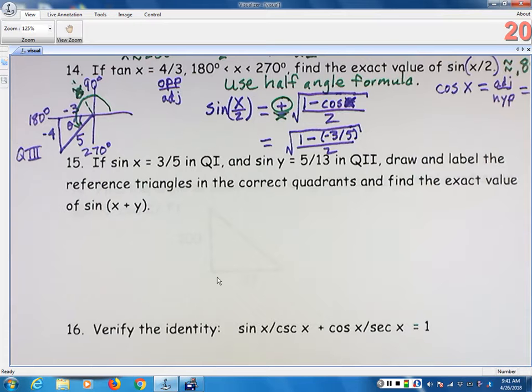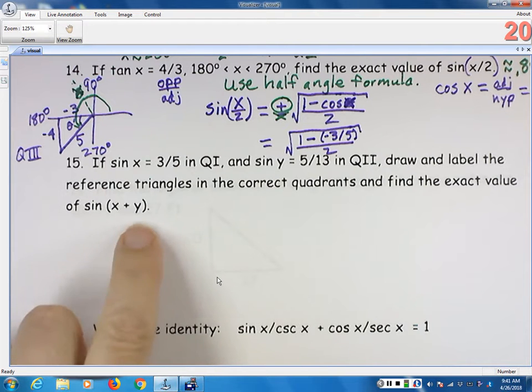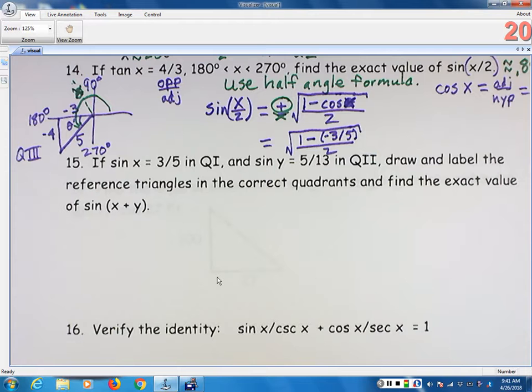Oh, but this is x plus y. We're finding sine of x plus y. Oh yeah, you're right. So that is test 3. But it's using concepts you learned in test 2, and concepts from test 1. So we are really building on it.